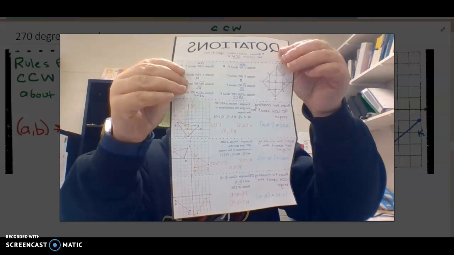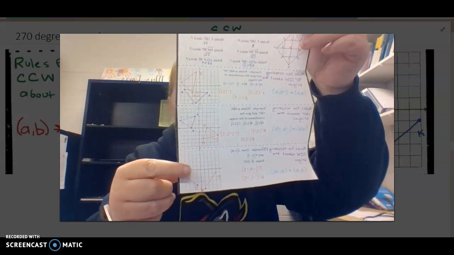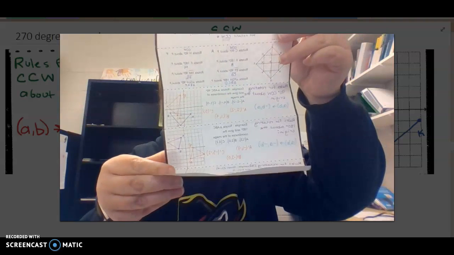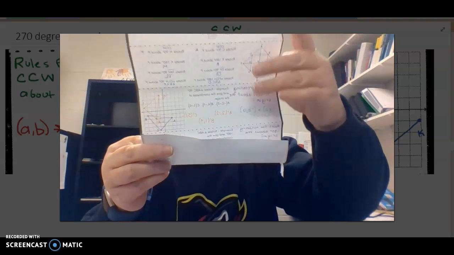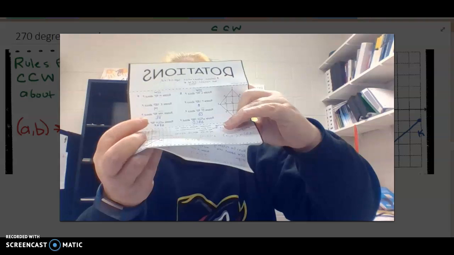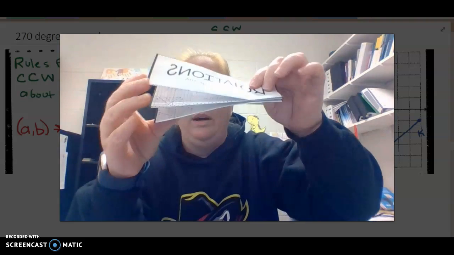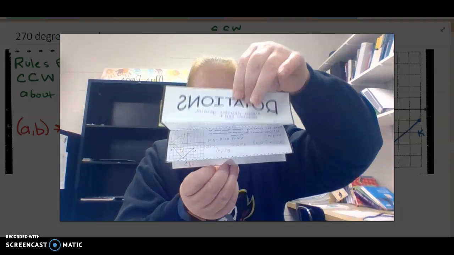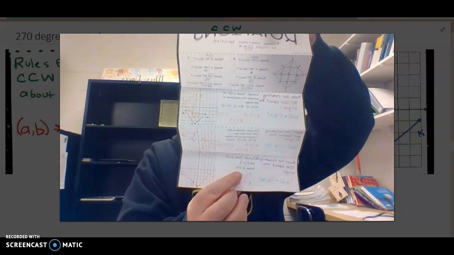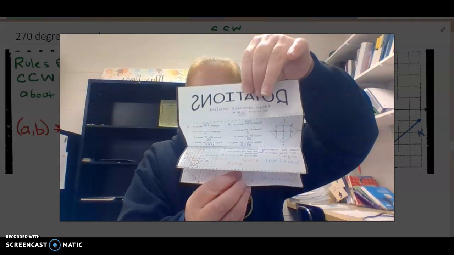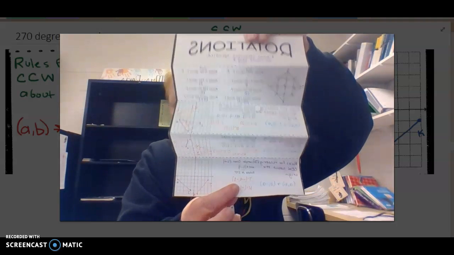So what we're going to do is fold it like an accordion. So I'm going to start at the bottom and fold it up, and then fold this one back, and then up and then back, to where when you fold it, it looks like this, and when you open it, it's going to come open like this. Okay, so do the best you can. I know it's kind of hard to see those after you start folding it, but that's how you fold it.